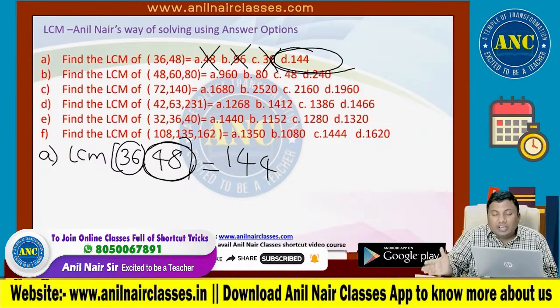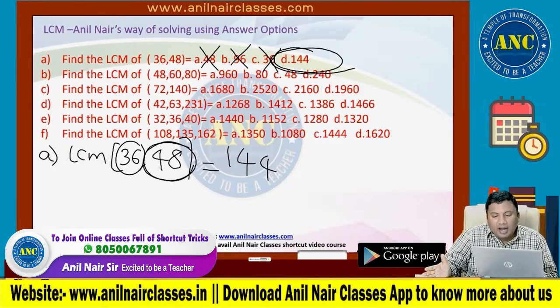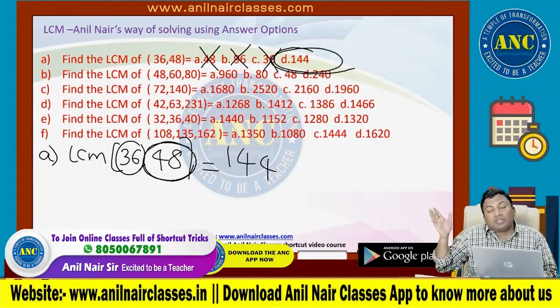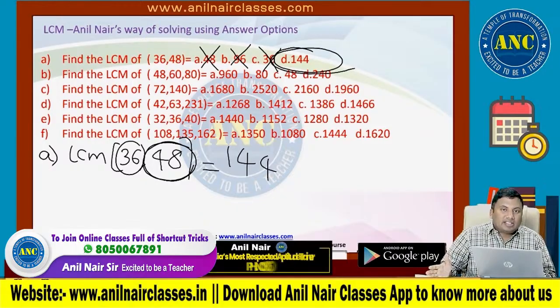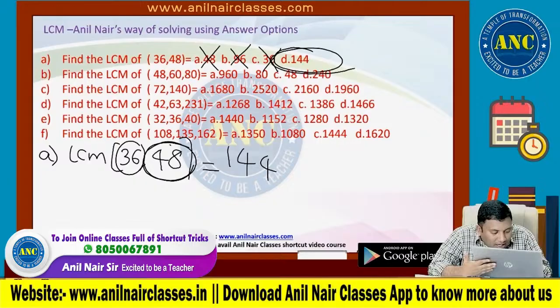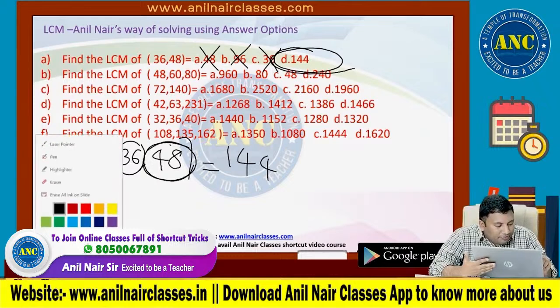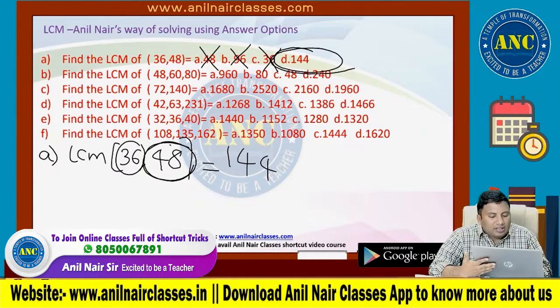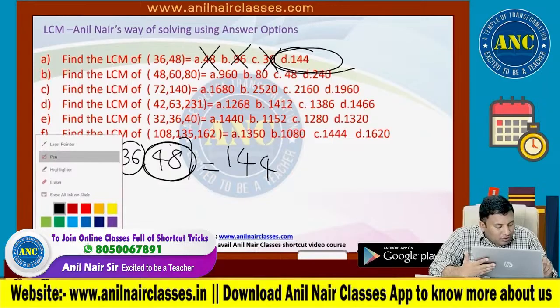Second option digital sum is not 9. Third option, fourth option, digital sum is 9. But third option is not the right answer. Why? Because LCM is derived from the largest number or its multiples. So answer is 144. First one over.